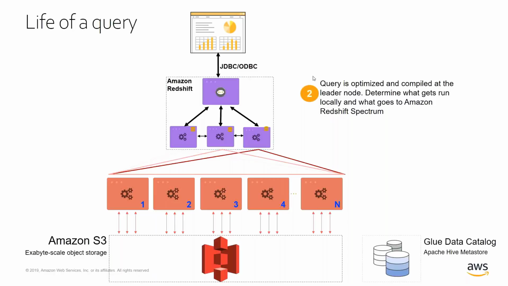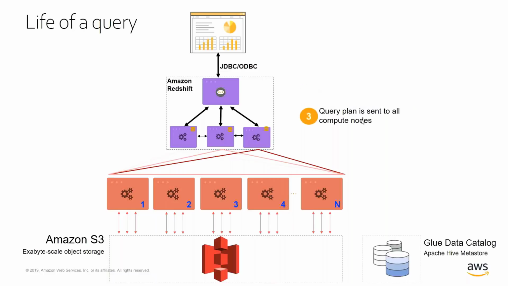This leader node, which is this particular block here, determines what tables are being queried, which tables are native to Redshift, which tables are external to Redshift, and it passes on those instructions to the compute nodes. The query plan is sent to the compute nodes.